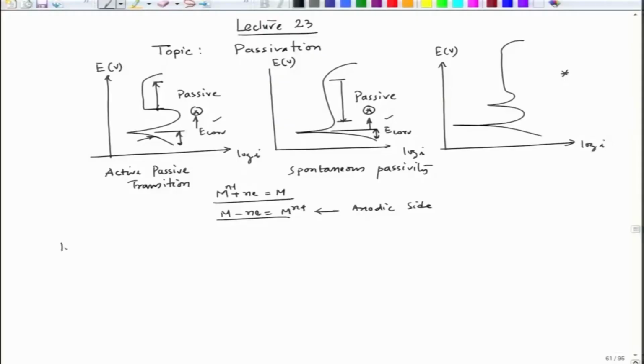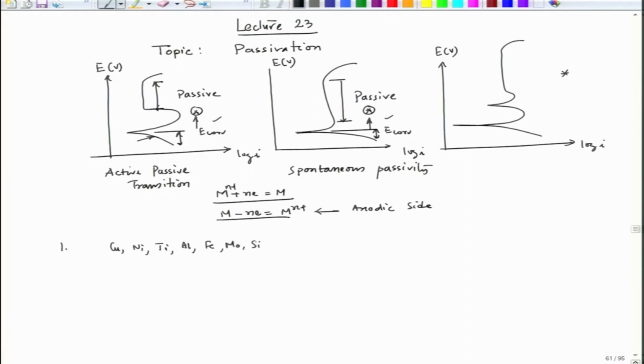Now, before we talk more about passivation, there are some characteristic features and some information which will be important. Let us state those points. One is that some metals show passivation, like copper, nickel, titanium, aluminum, then iron, even molybdenum, even silicon.